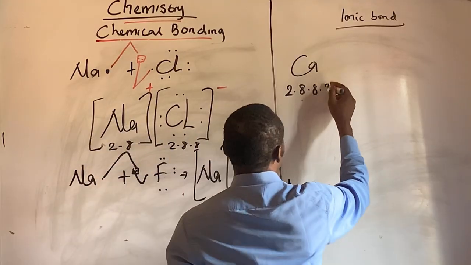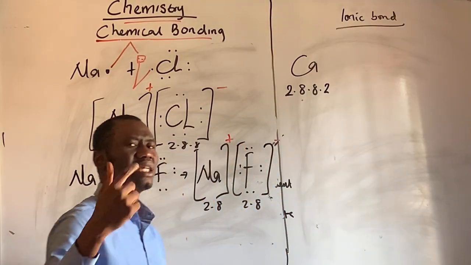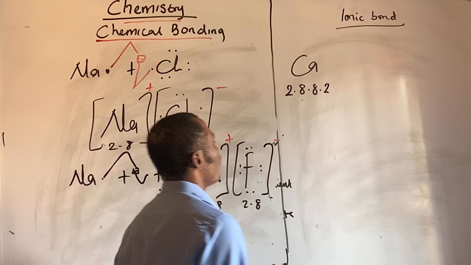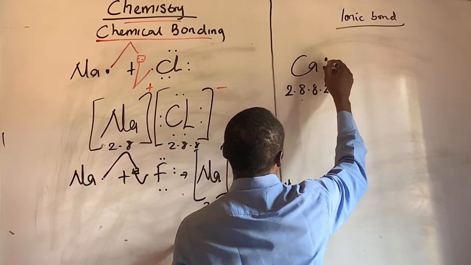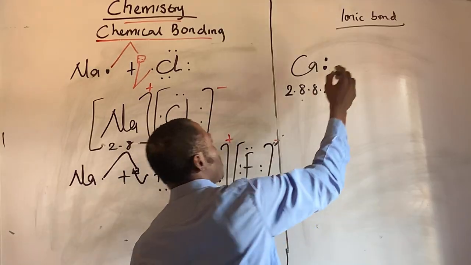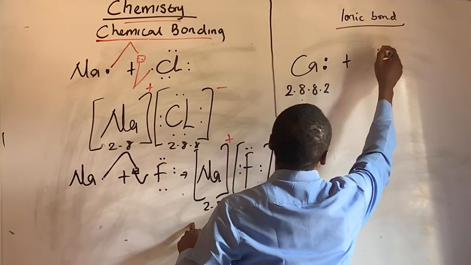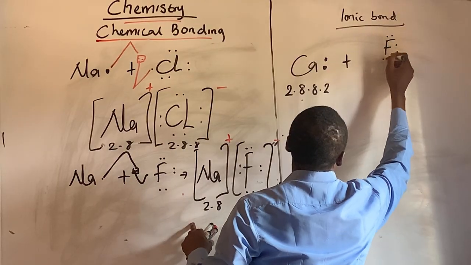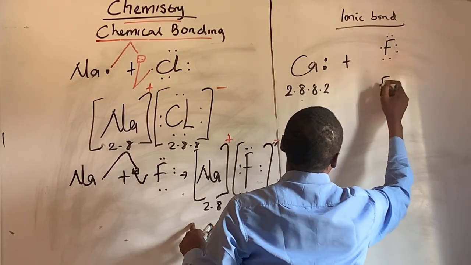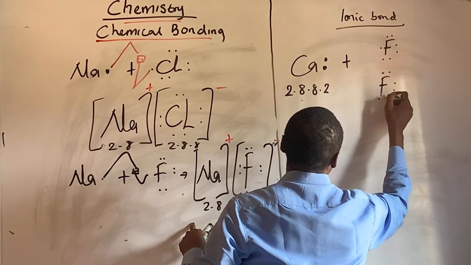So it has 2 valence electrons in the outermost shell. So for calcium, we're going to have these 2 electrons. Now, let's say we're adding it with fluorine. 1 fluorine here, with 7 electrons, and another fluorine here, with 7 electrons.